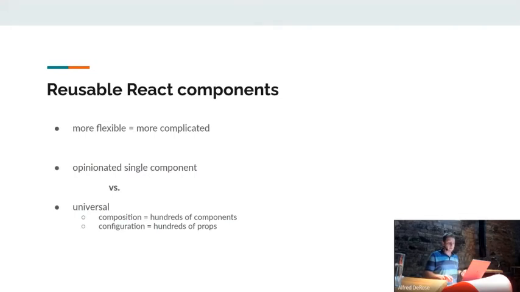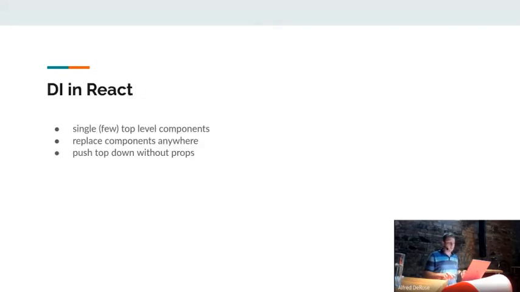And there, well, we could apply the same approach as we are using in other areas of tech engineering, right? We again can also use dependency injection in React to have a top-level component or a few top-level components that we just plug in somewhere. And if we need to change the functionality of some components down the tree, we can just replace those components and replace the functionality.